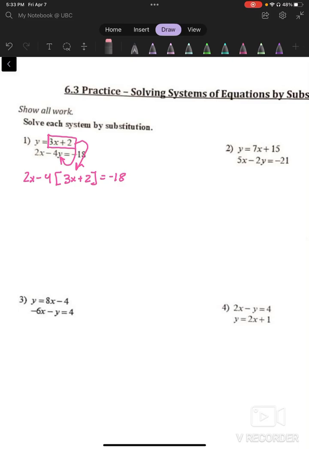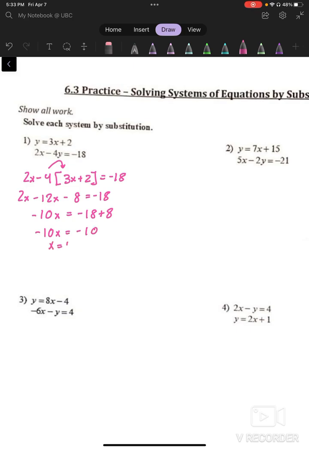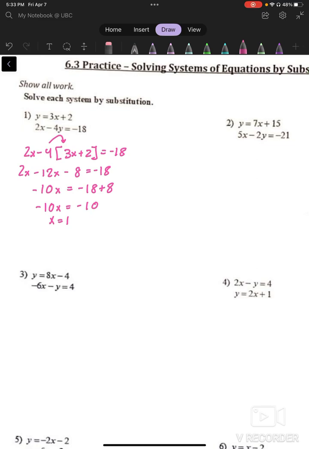First I'm going to distribute this negative 4, so you have 2x minus 12x minus 8 equals negative 18. Then you have negative 10x equals negative 18 plus 8, so negative 10x equals negative 10. So x equals 1.